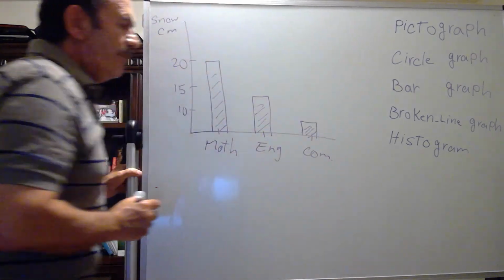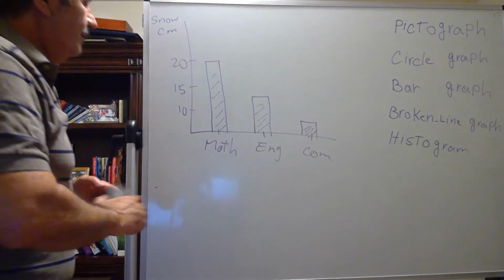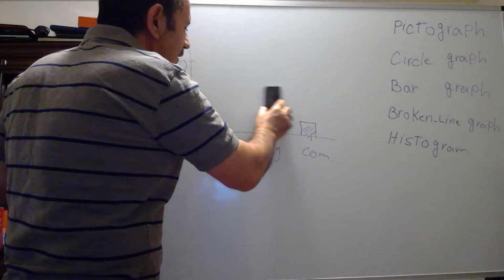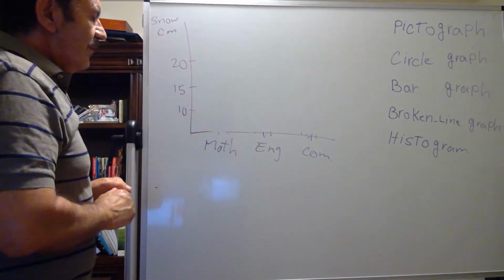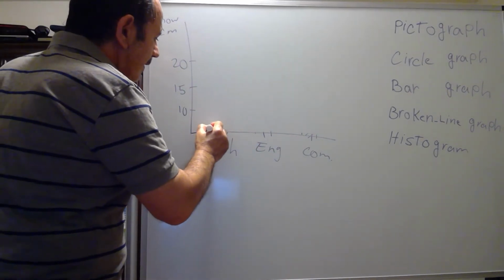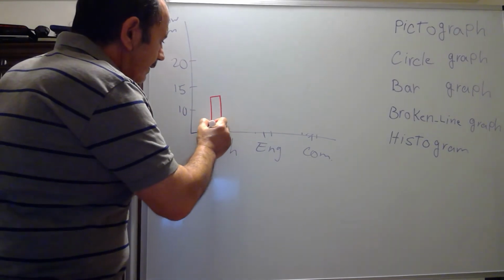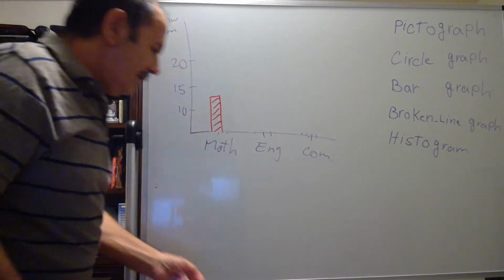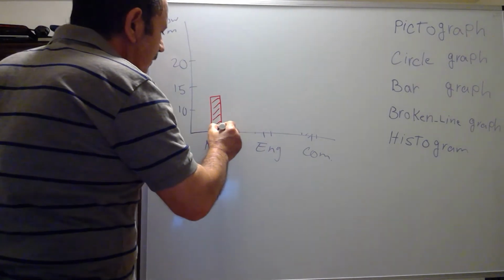Now in each class I can have more than one type of information. I can use, let's say, for math, this red column and this green column as an example.